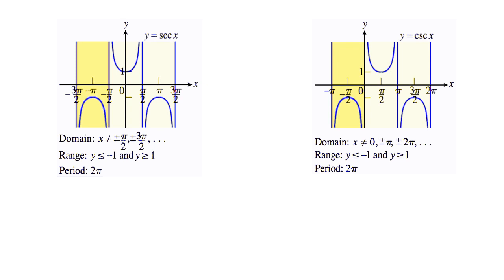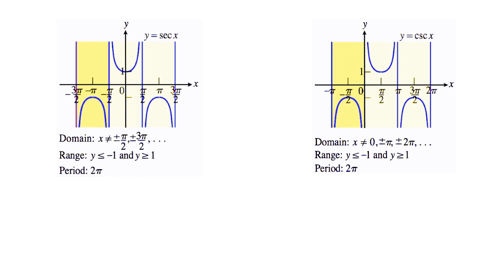Cosecant x, the domain is the set of all x such that x cannot be 0 nor any multiple of pi. Again, the range is the same as secant x. Values must be less than or equal to negative 1 or greater than or equal to positive 1, and period again is 2 pi. So for sine, cosine, secant, cosecant, the period is 2 pi, and for tangent, cotangent, the period is pi.